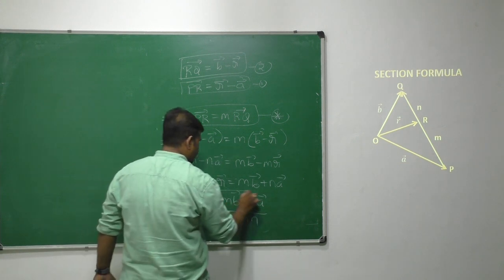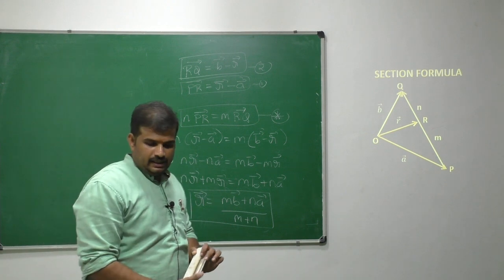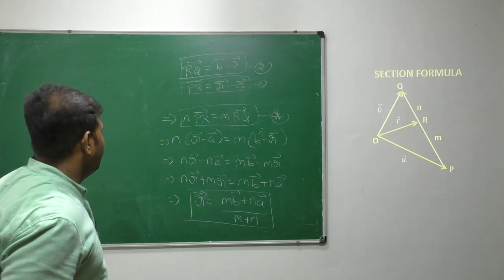This is the position vector of R if R divides PQ internally in the ratio m is to n.